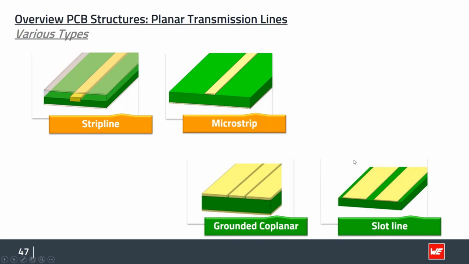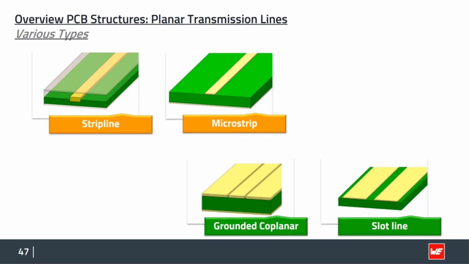And finally, we have the slot line, which is an unsymmetrical system where you have on one track the RF transmission line, and on the other the ground plane. This exists in different versions, like side by side, but it can also be one on top, one on bottom, and shifted beside each other a little bit diagonally. So there are a couple of options for how to do a slot line.